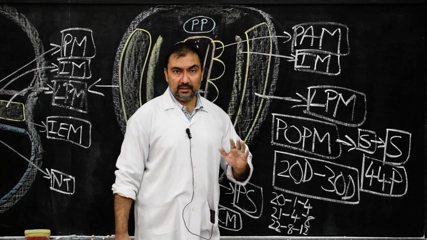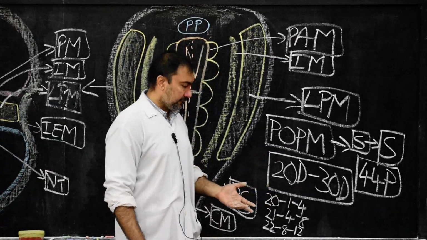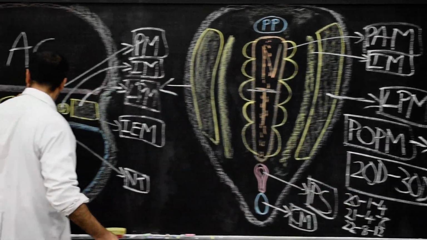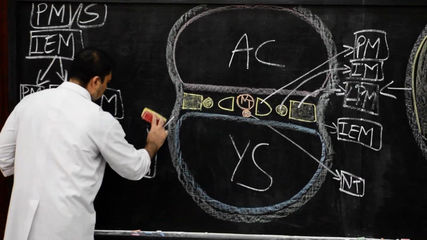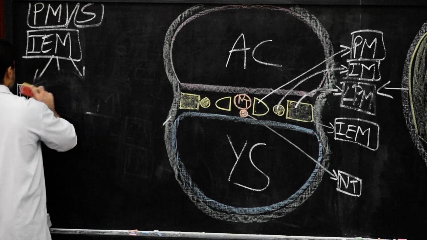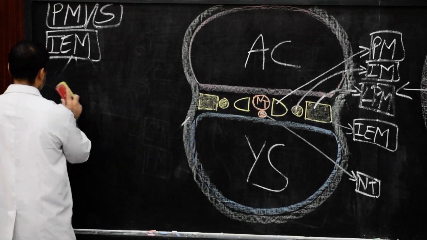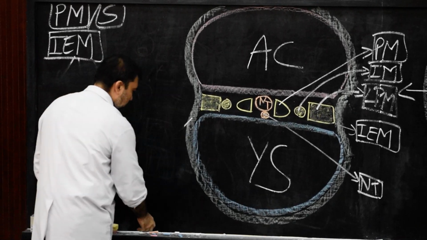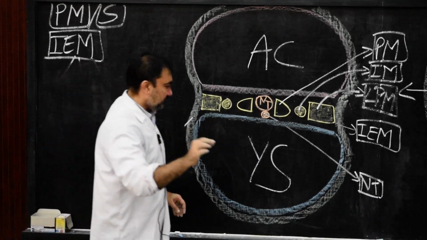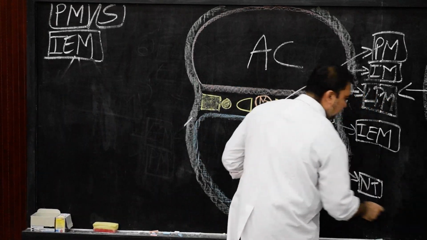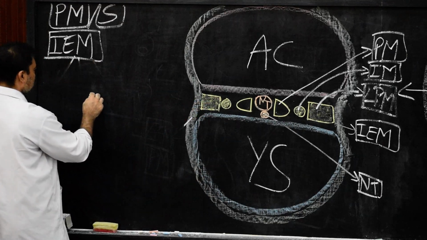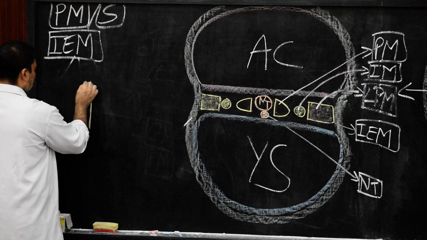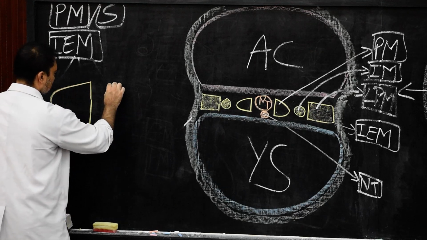Please note down. Now further differentiation of somites. So please come on this side here. In the further differentiation of the somites, I will take the help of this portion. Now if I draw one somite here, let us draw the pair of somites.